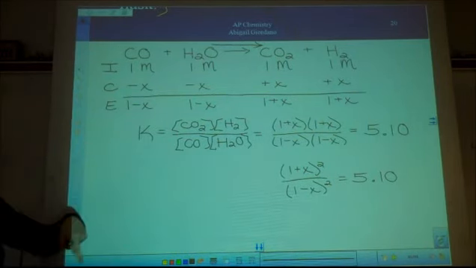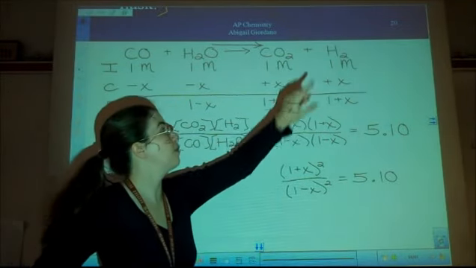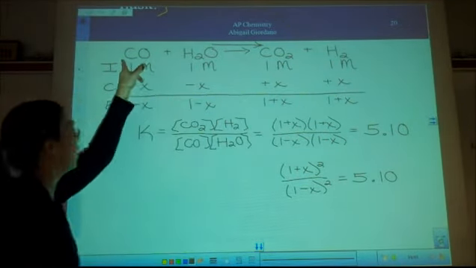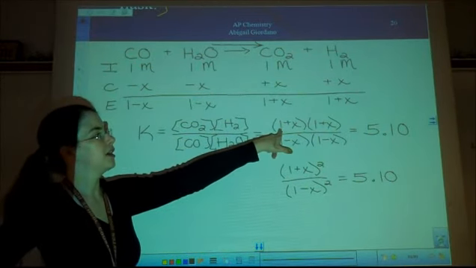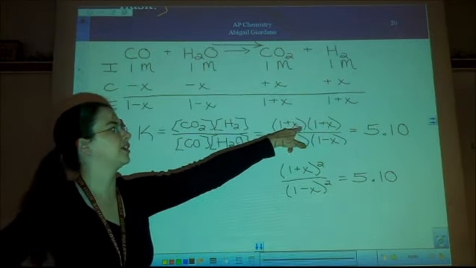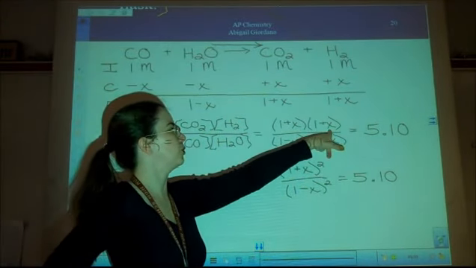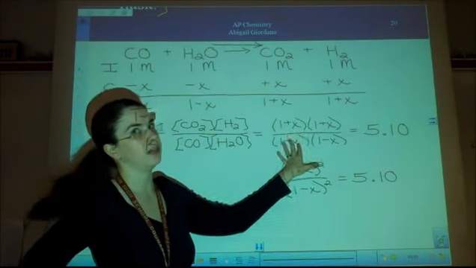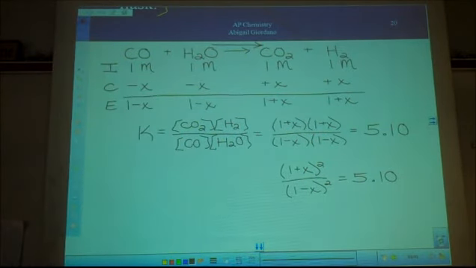Imagine, first of all, if these were not all 1 molar, and the coefficients were not all 1s. Then this could be like 4 plus 6x to the 6th times 3 plus 3x to the 3rd. I mean, these could get very nasty and very difficult to solve.